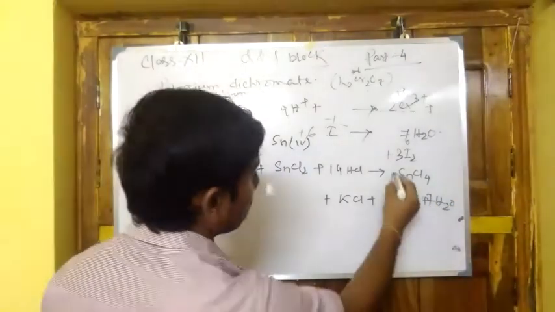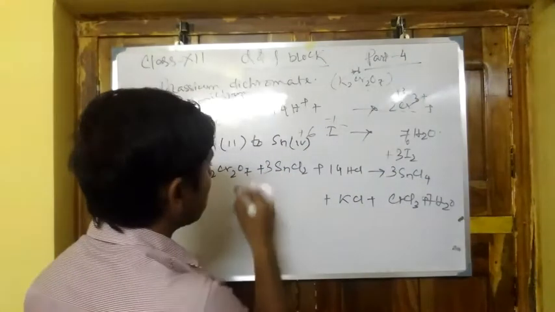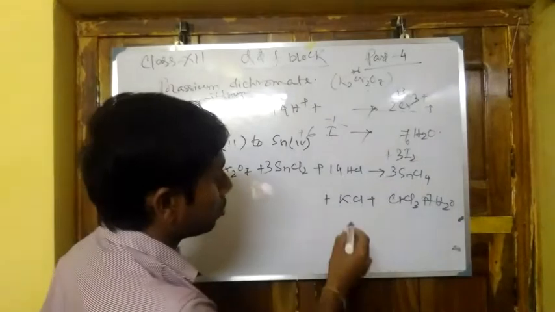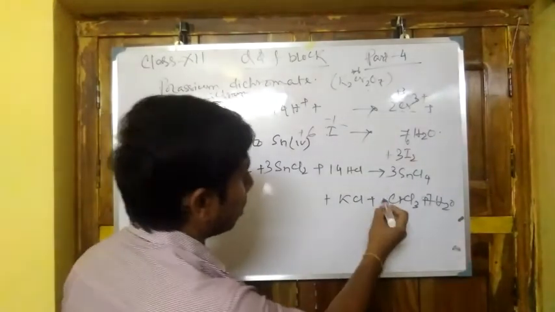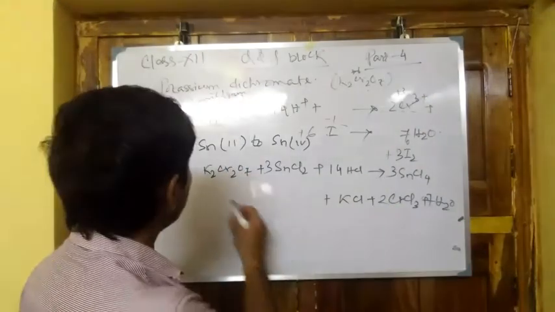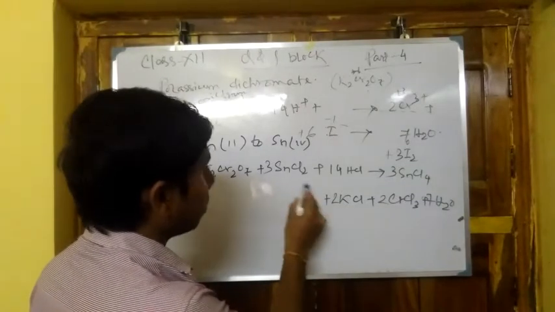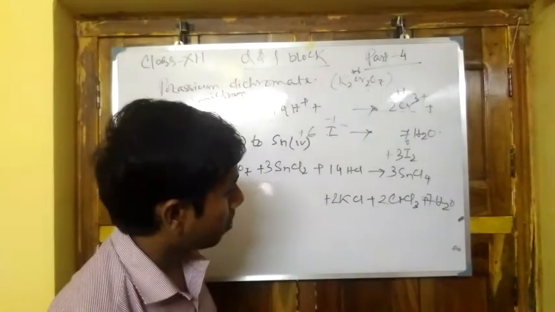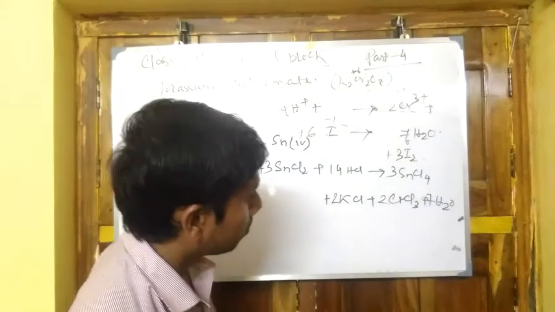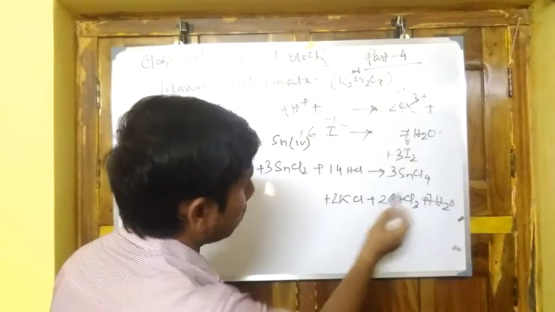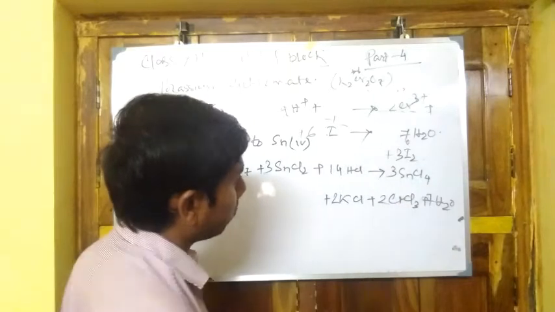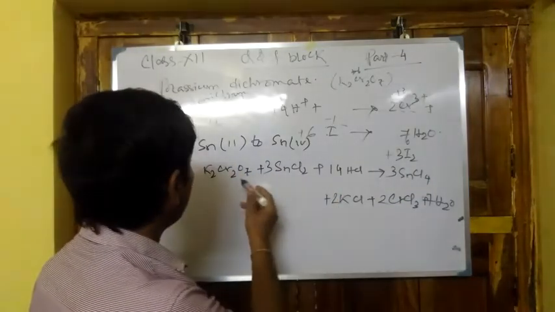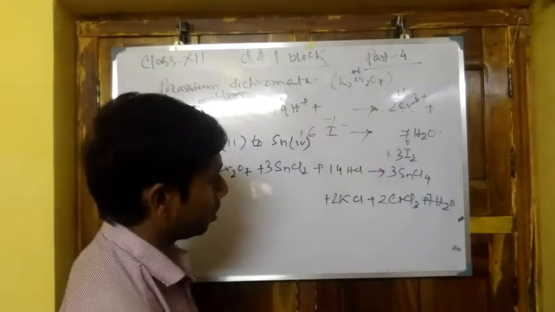Now 3 SnCl2, K2Cr2O7, that is 2 CrCl3, 2 KCl, and balancing the atoms.